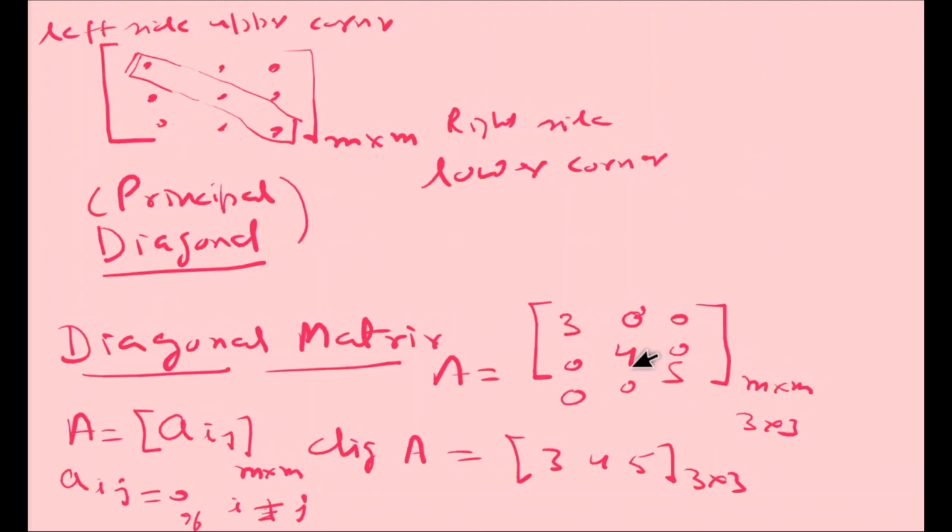A11, A22, A33 are not 0, others are 0. It's a very important point, so learn this diagonal matrix. A diagonal matrix is a square matrix where the members other than the diagonal are 0. Okay, so now the scalar matrix.